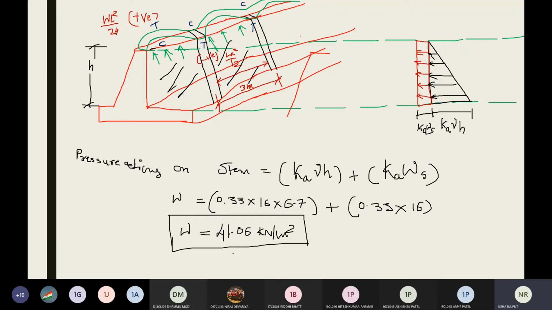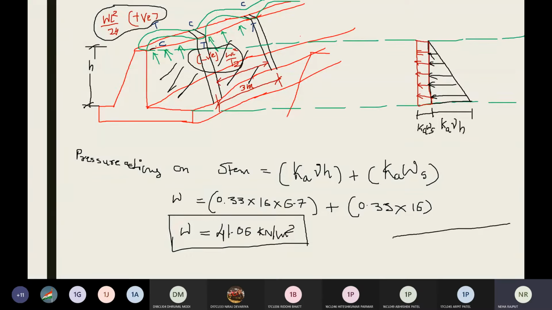Now once you have this load value, you need to find the positive moment and the negative moment. Positive moment at midspan, negative moment at support.